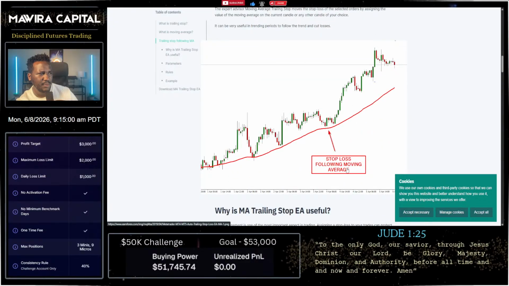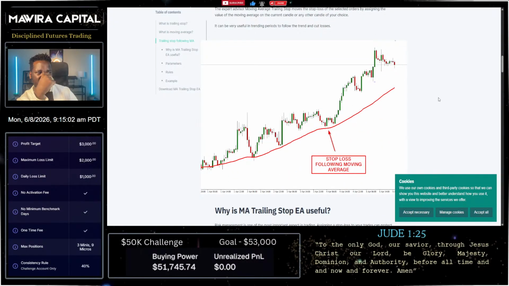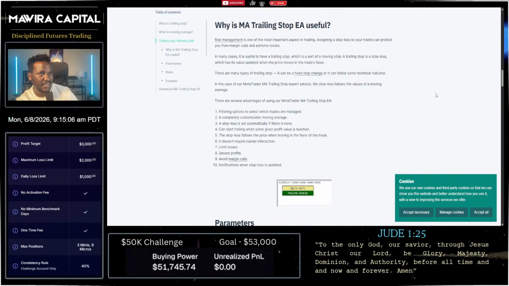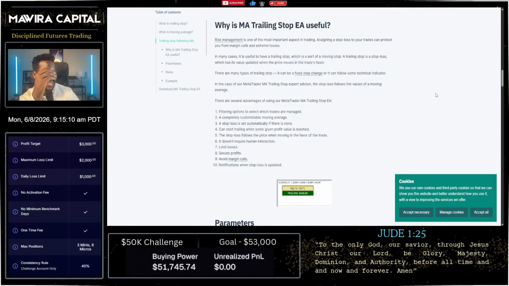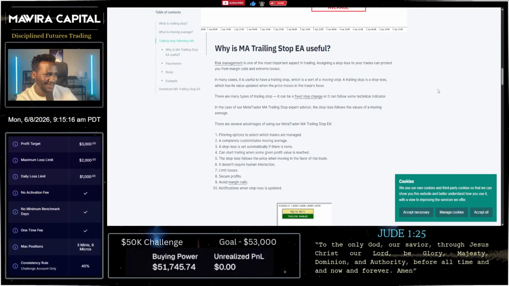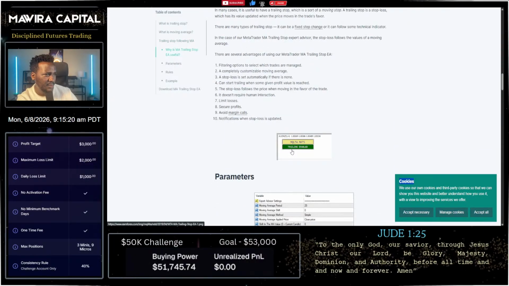There we go, stop loss following moving average, and it's for free, y'all. NinjaTrader, whoever makes this, they're charging 800. I don't know, NinjaTrader just has some not so free things like MetaTrader. So this is how it would look.